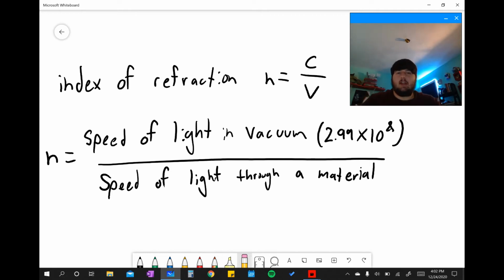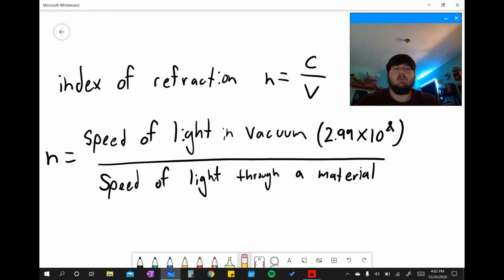The index of refraction is a measure of how fast light moves in a certain material. It's never going to be less than 1. It goes from 1, which is a vacuum, all the way up to the slowest material, the material with the highest index of refraction. The index of refraction is used in calculations to be able to explain how light is going to move.